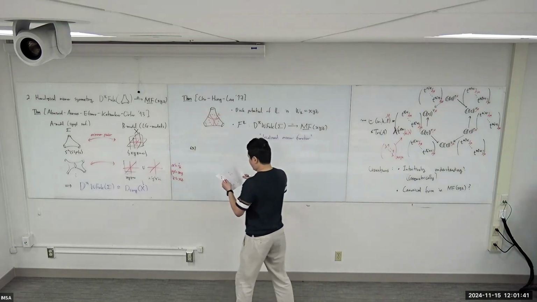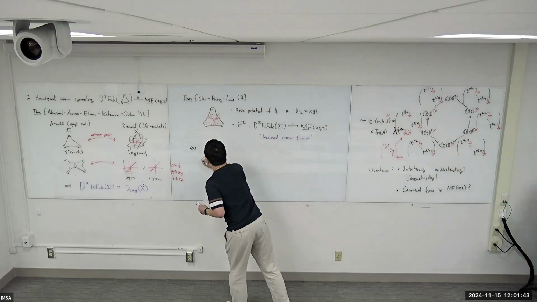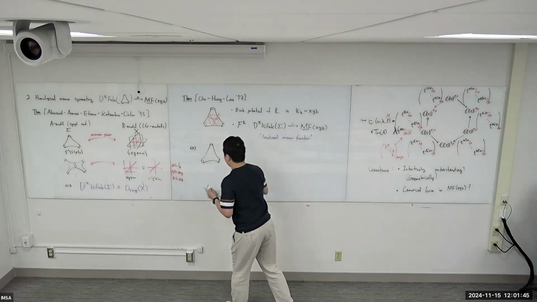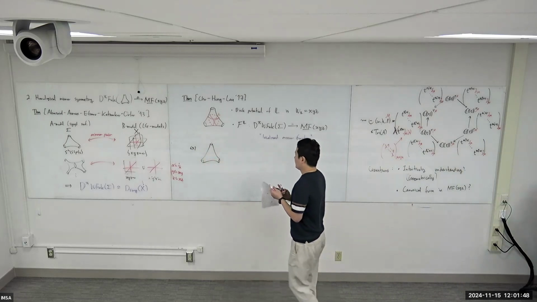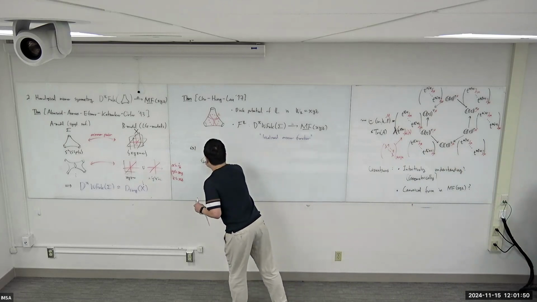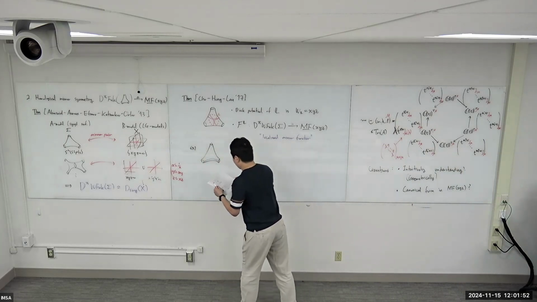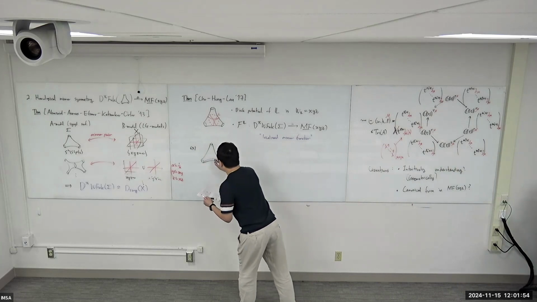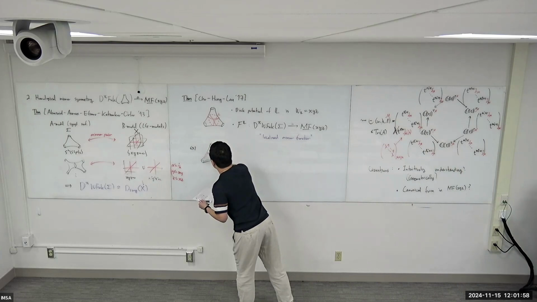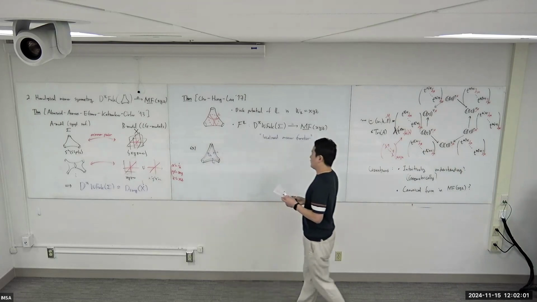So briefly I remind you that we have some nice correspondence between curves in the category. Let's say this is L1, this is L2, and this is L3.